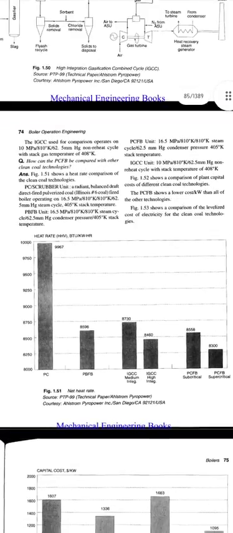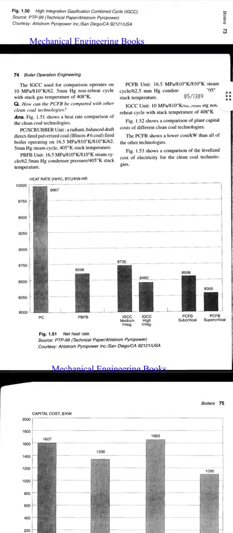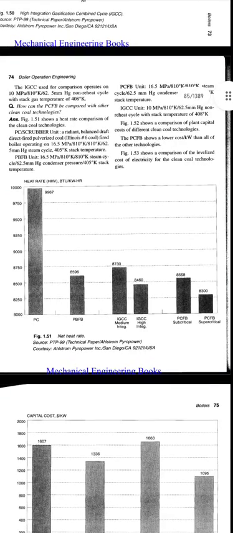In the next diagram we can see the graph of net heat rate. Net heat rate: PC boiler is high, PCFB is low, and IGCC medium, IGCC high integrated, PCFB subcritical, PCFB supercritical.